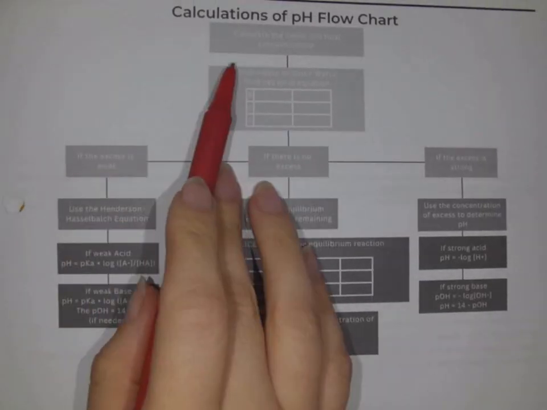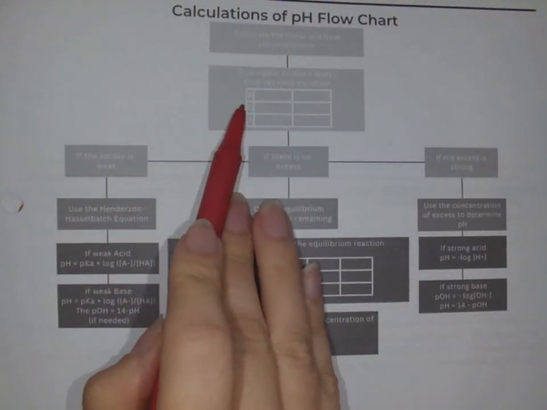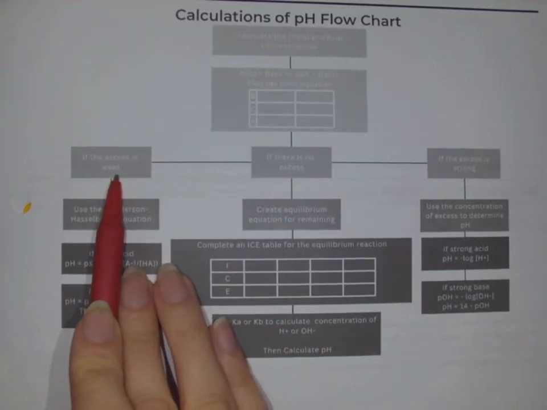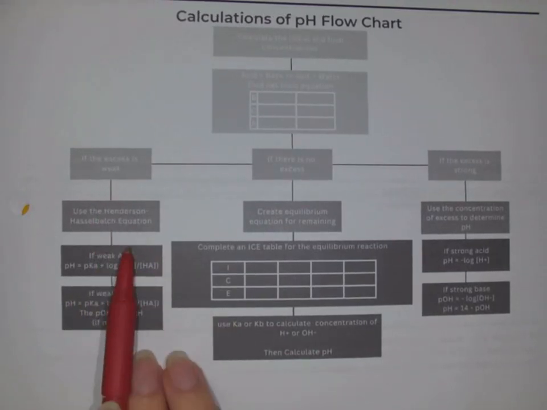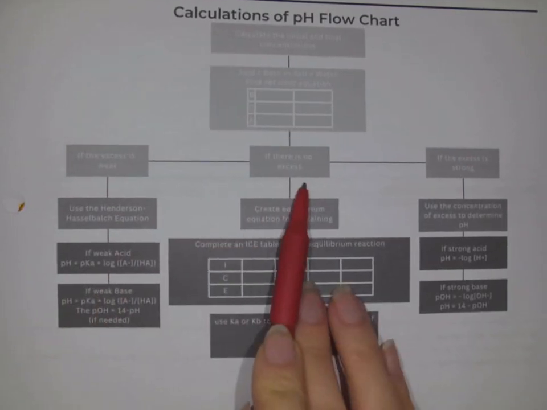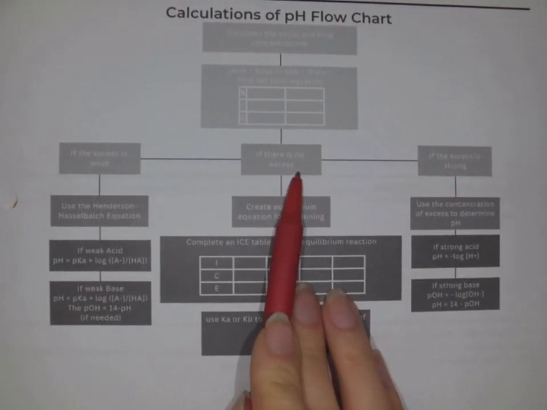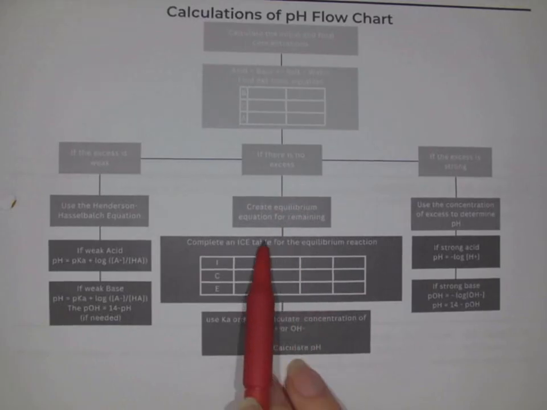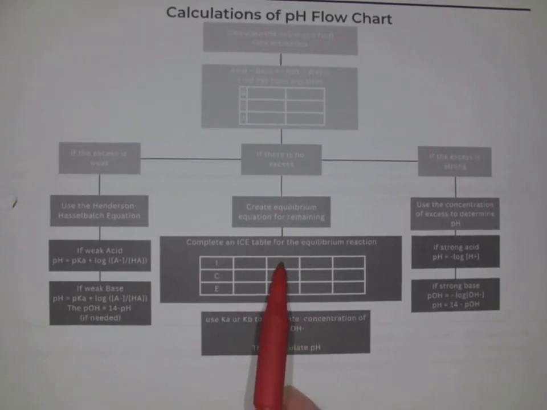So let's say that we add moles of acid to moles of base, and we find out that there was excess of a weak acid or a weak base. Then we're going to use that Henderson-Hasselbalch equation that we worked with last class. Now, if there's no excess, if the moles of the acid equal the moles of the base, this is the hard one where we have to do an ICE table to get to our final calculation.